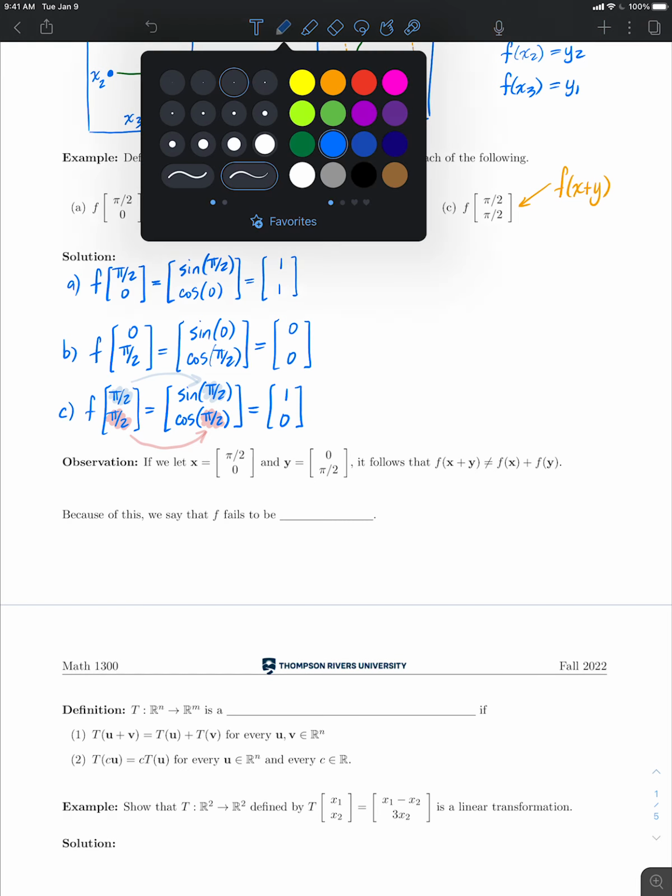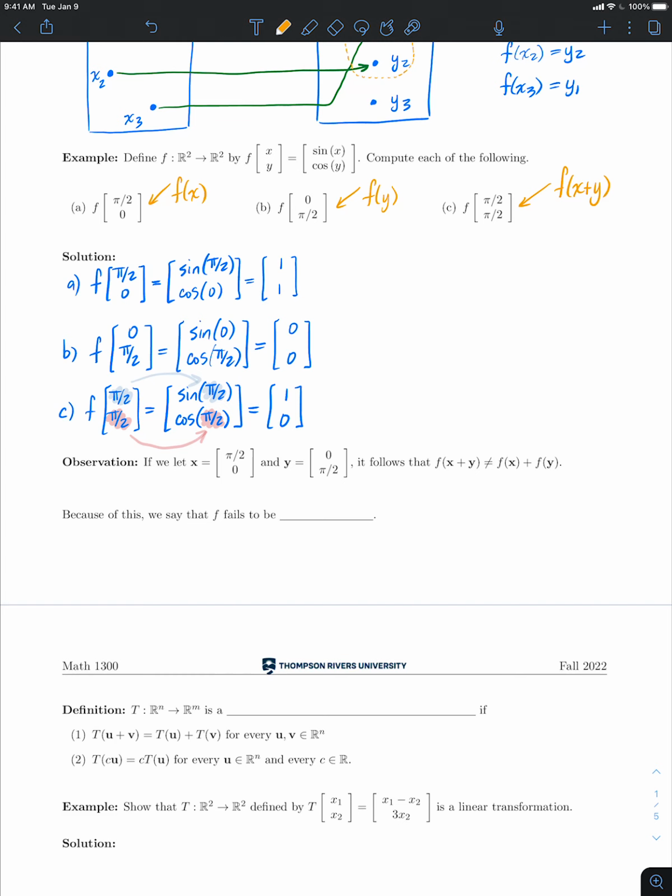So I'll keep writing in yellow just to keep this distinct from the original example. If we went f of x plus y, we got (1, 0). But f of x plus f of y, well, this is f of x because this is x, right? So this is our f of x, and this was y, so this is f of y.